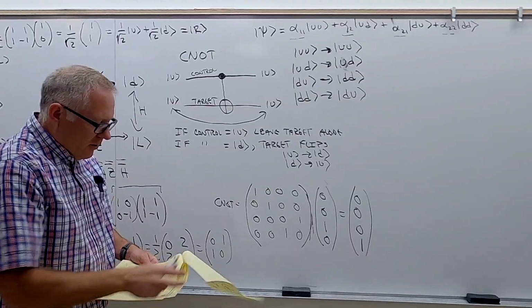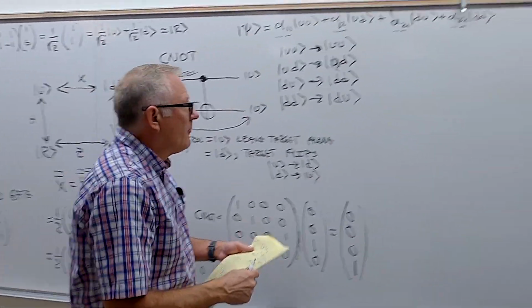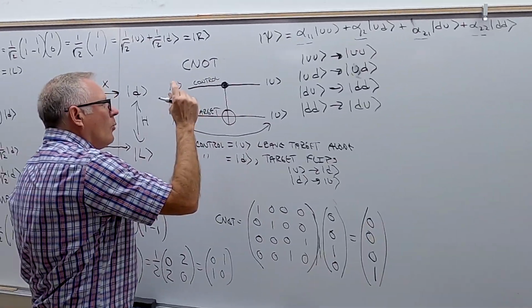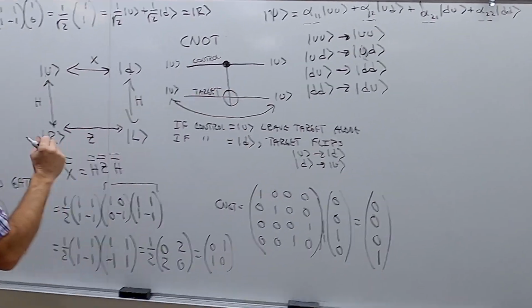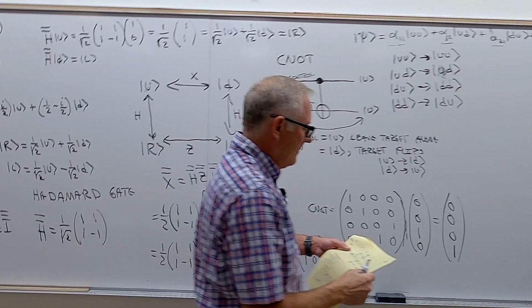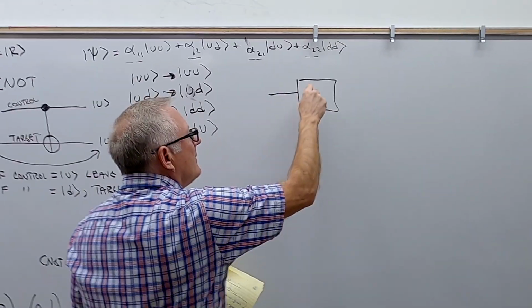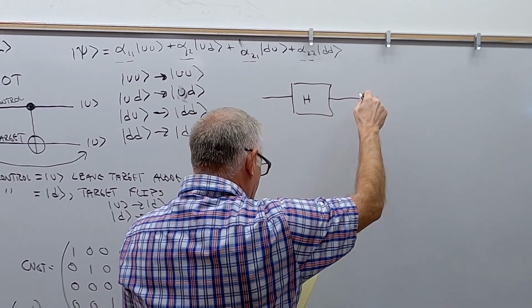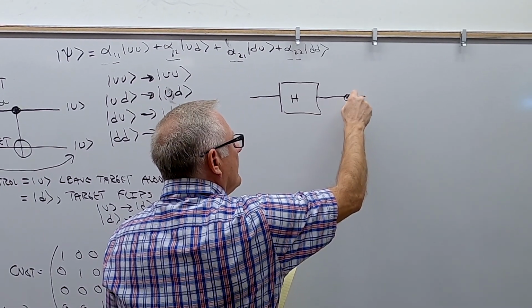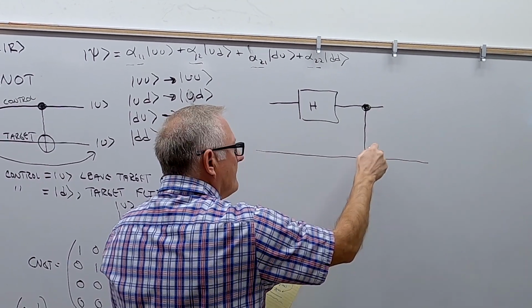Now, what happens if we put one of these with one of our H's right here? That is, what if we have an H here running into my NOT gate right here?